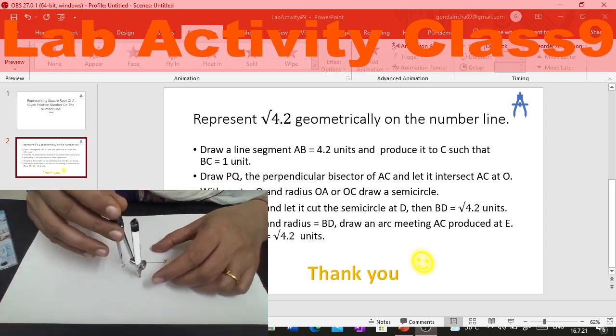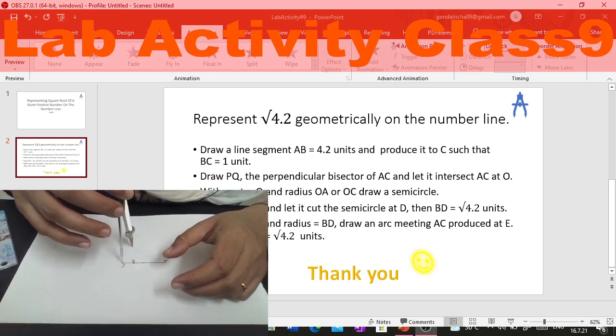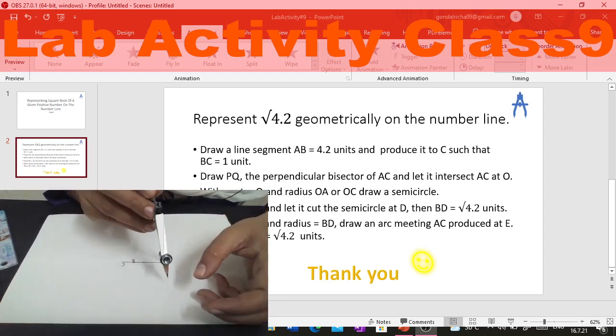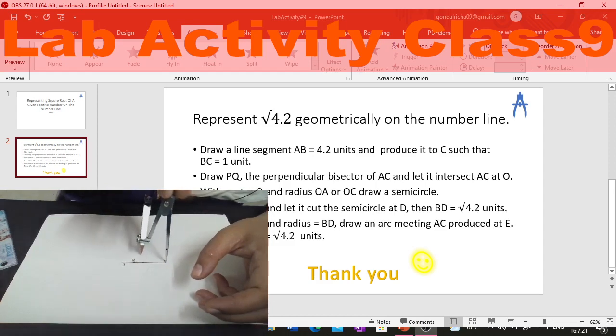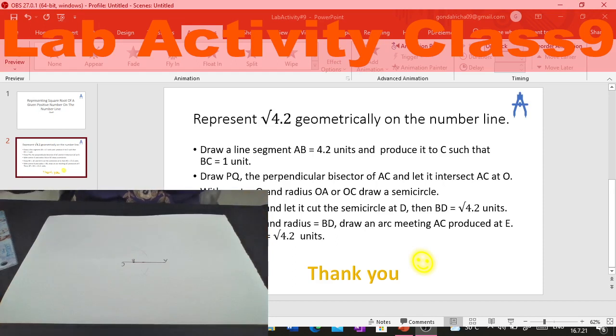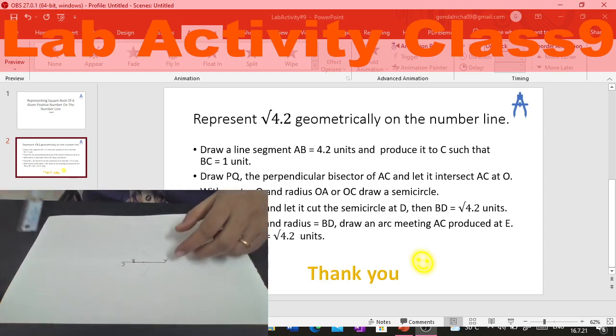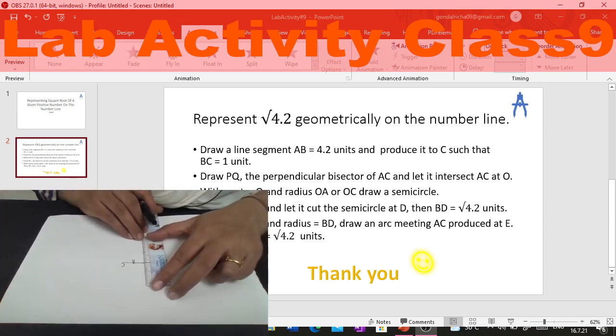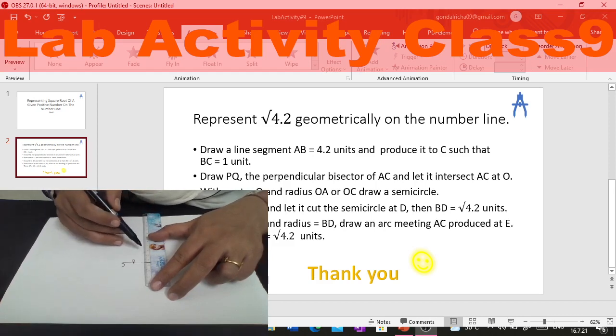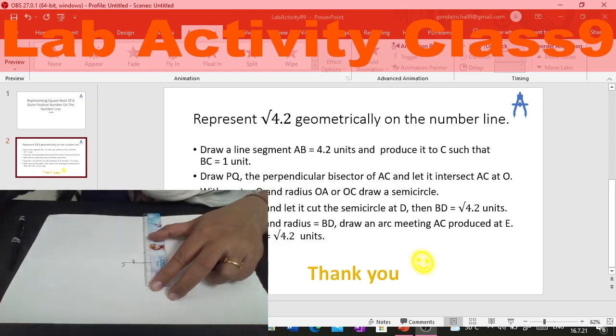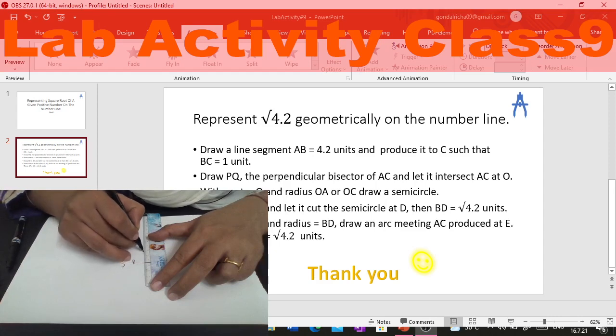So like this I will draw the perpendicular bisector, such that this is going to intersect AC at O.